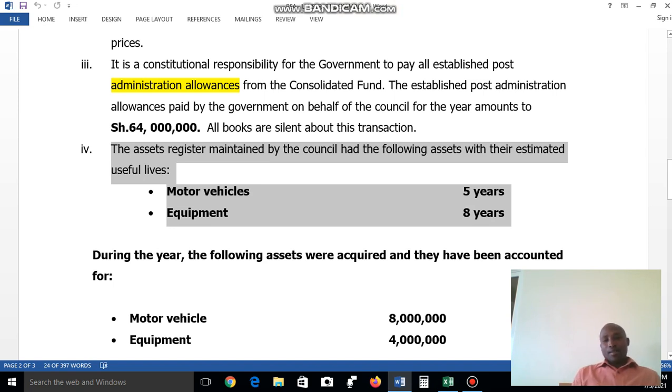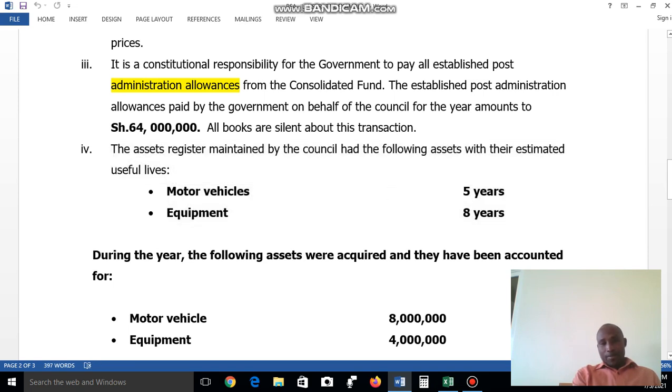The assets register maintained by the council has the following assets with their estimated useful lives. The useful life of motor vehicle will be 5, then equipment this one. So this is more or less a straight line basis, and we shall use these years to determine the depreciation charge for each and every asset.